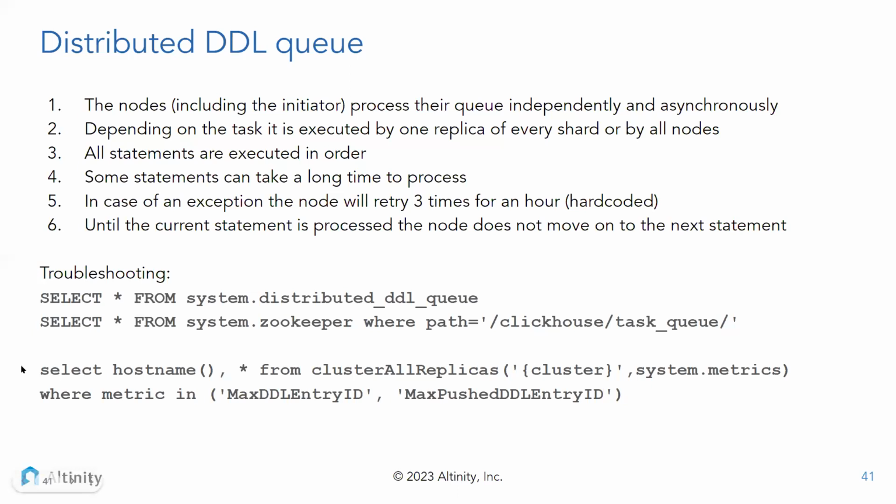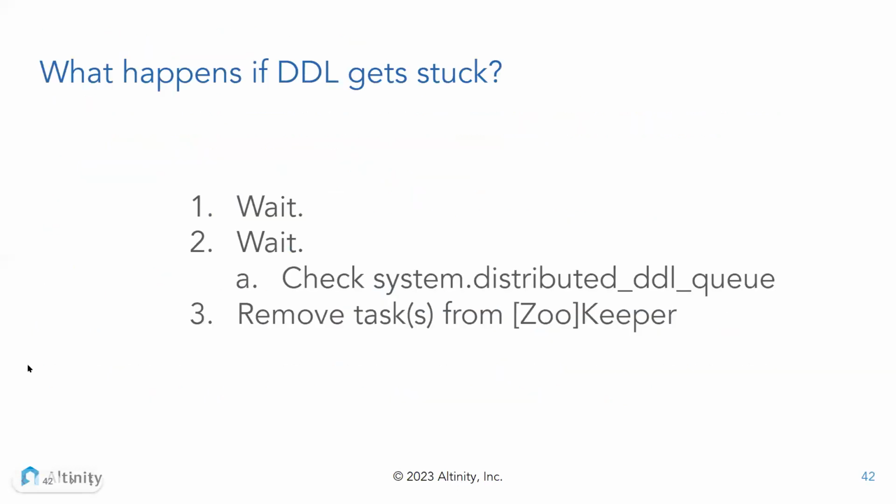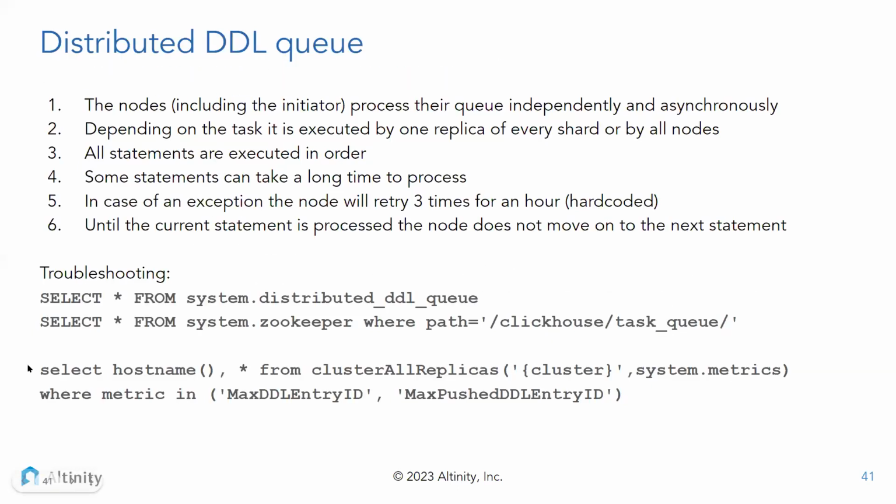And then if you need metrics, let's see if we have an example of this. We don't. This is a super useful command. If you're having problems with distributed DDL, this last command gives you the ability to go look across all the replicas and try and figure out why somebody maybe is not processing distributed DDL commands. They can get stuck.